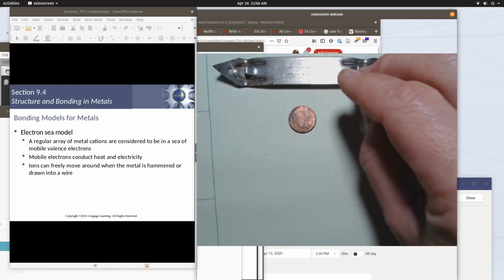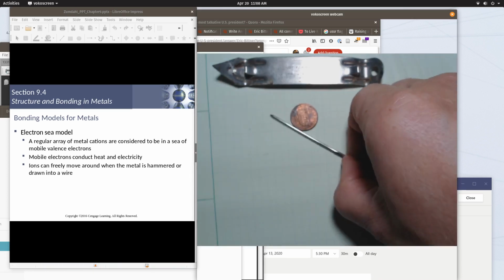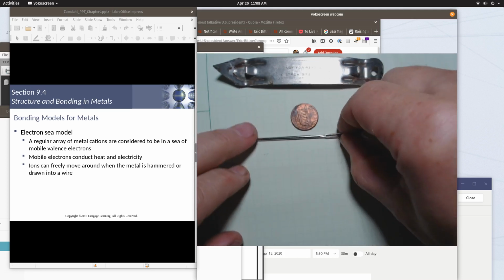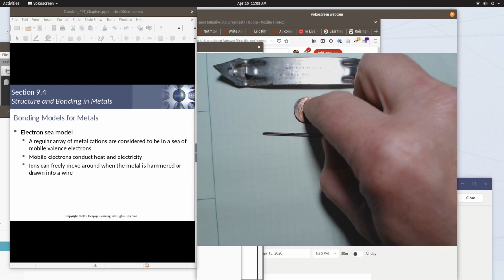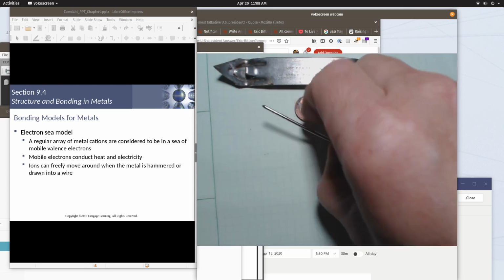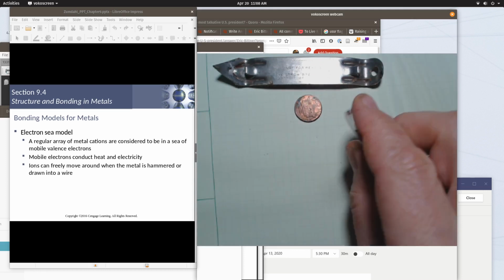I can bend it very easily. Here's another piece of metal. It's bendable. It conducts electricity, conducts heat very readily, and it's very firm and rigid, and can do a lot of things. A lot of properties with this.